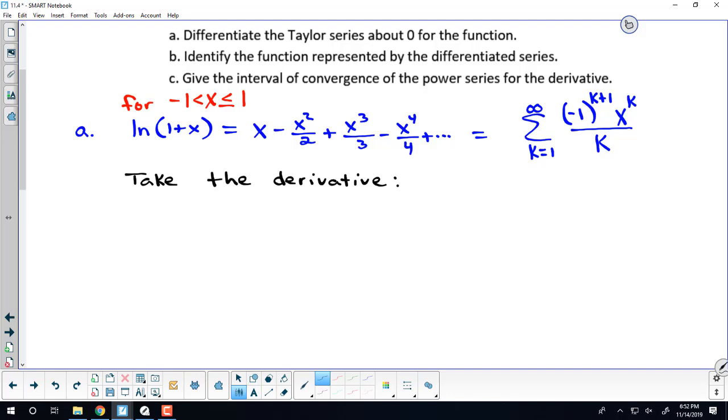But if we have all representations of that, we can take the derivative of each part and see really quickly what all the terms look like. And on the far right, we can see what the closed form or the series representation looks like. The derivative of that is just 1 over x plus 1. Does that look familiar? So the derivative of that function is that, but then we can also differentiate term by term.